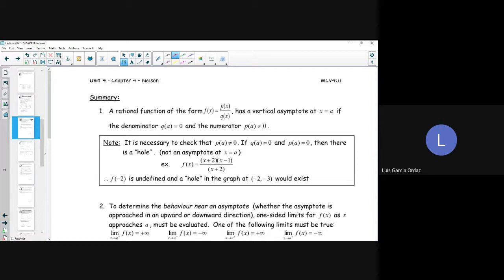All right. So it's necessary to check that p of a cannot equal 0. If q of a is equal to 0 and p of a is equal to 0, then there is a hole, not an asymptote, at x is equal to a.